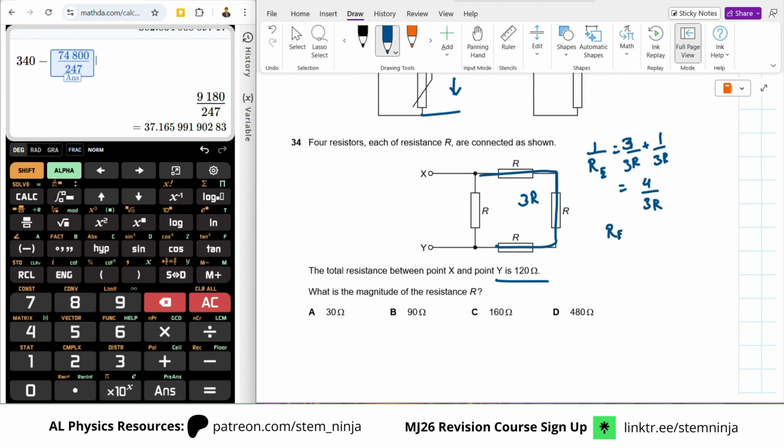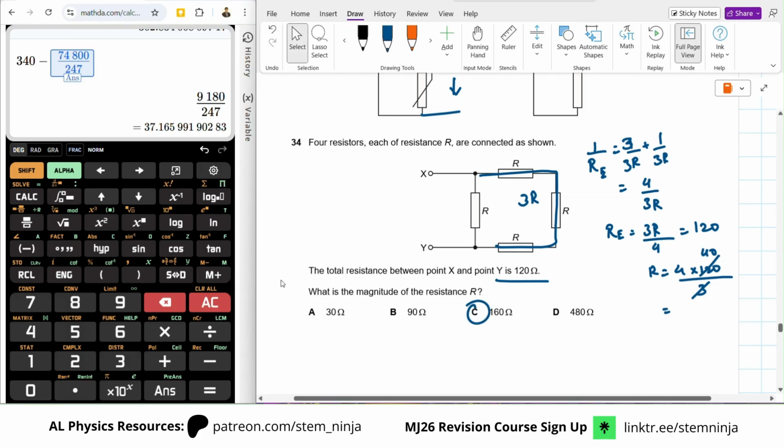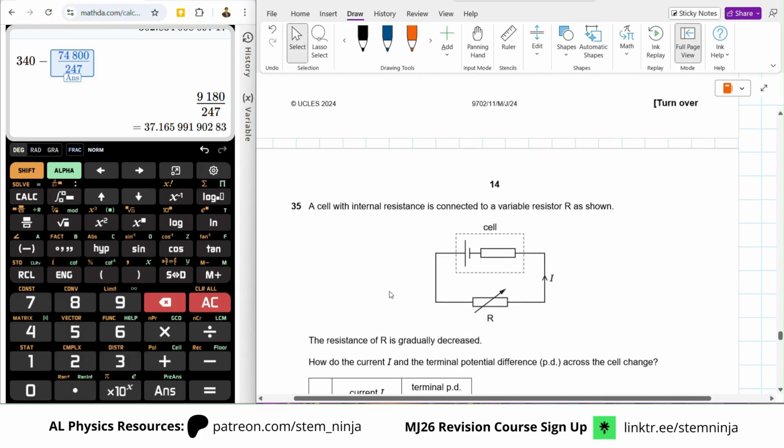So effective resistance would be 3R over 4. And if this is equal to 120, R would be 4 times 120 divided by 3. 3 times 40, so 4 times 40 is 160. Simple math over here, nothing more.